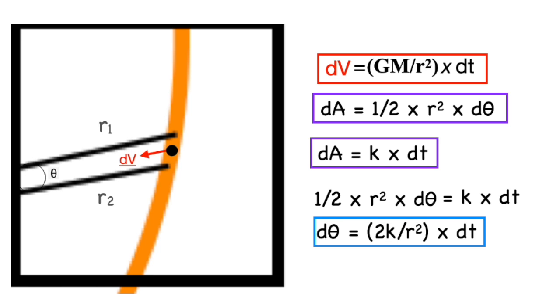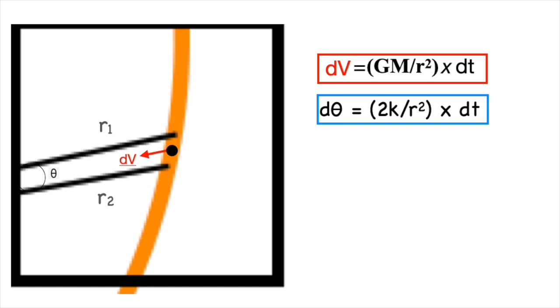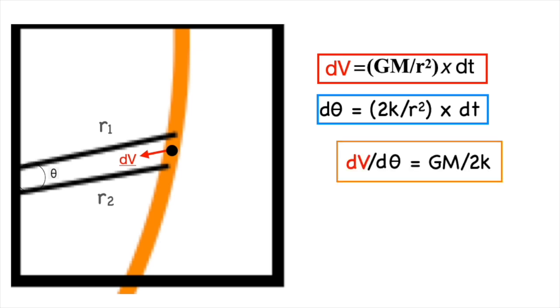Now let's compare the top equation, the one in the red box, with this new equation at the bottom, the one in the blue box. We can see that if we divide the first by the second, the r squareds and the dt's will drop out. The result is dv over d theta equals GM divided by 2k.